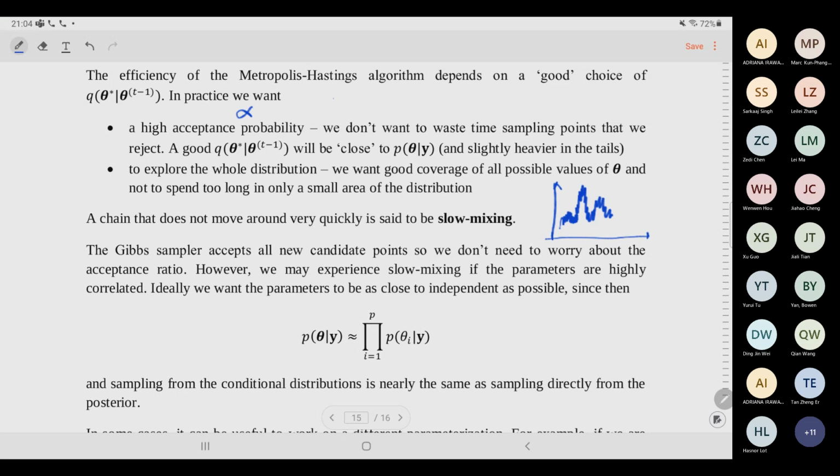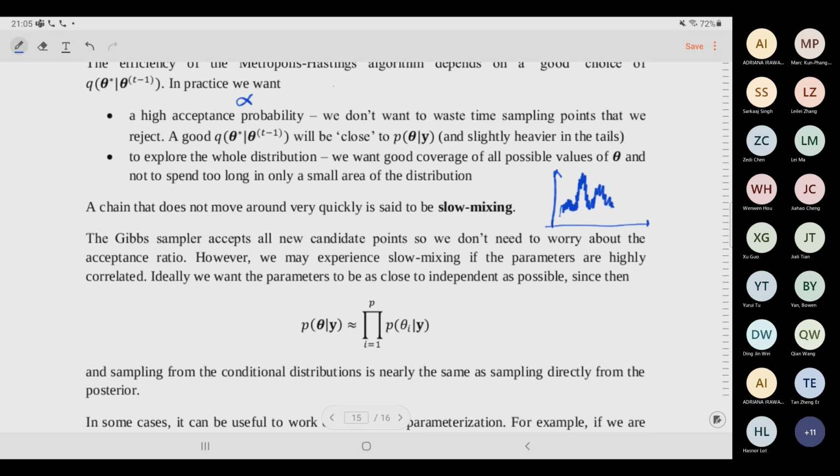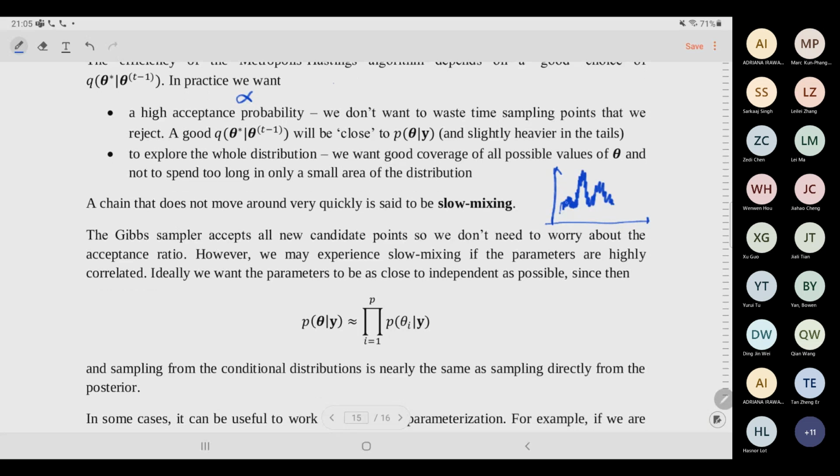The steps of the proposal are quite small, and the proposals are close to the current value. So they are moving, but sticking to each other, and this is called slow mixing.